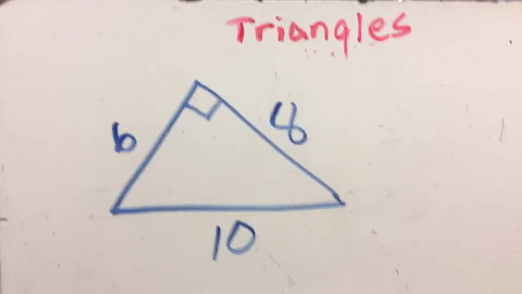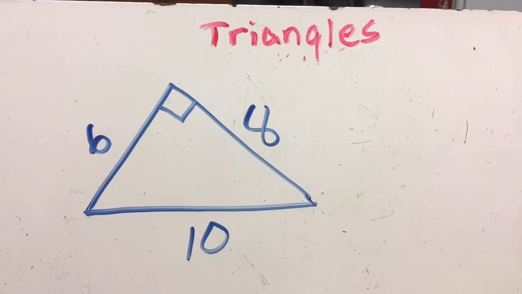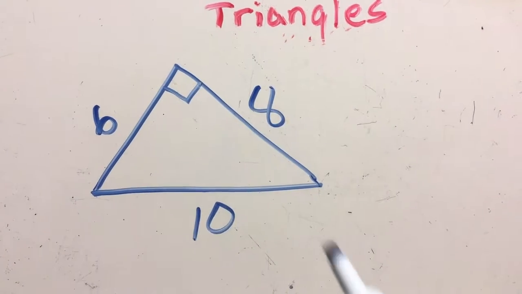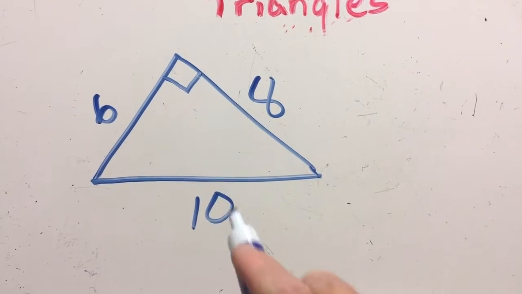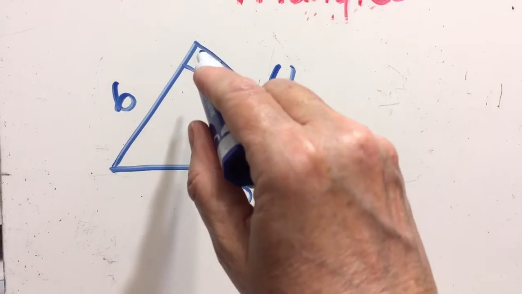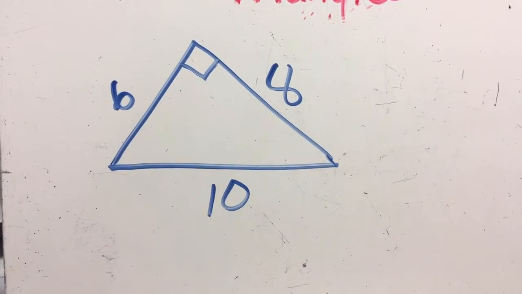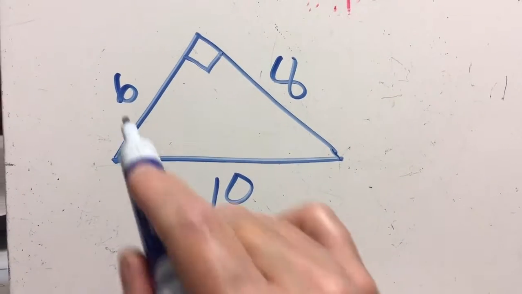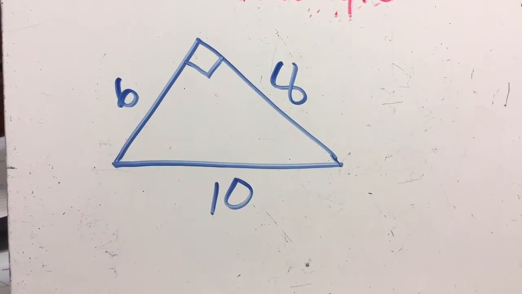Example 8.4, they gave us a triangle that looks very difficult, but when we're working with triangles, we do not have to leave them in the orientation in which we see them. Right here, this one is laying on a base of 10, but if we use this one to be our base, then we would have to find a height that was coming straight down, and that would be too difficult. However, if we rotate the triangle around, we can either let 6 be the base or 8 be the base. The other one would be the height.